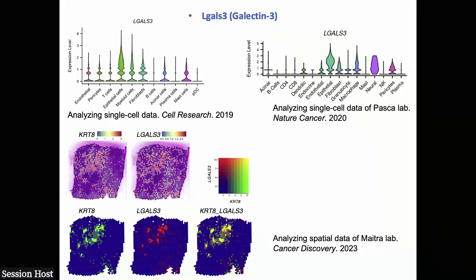And also from the spatial data from Dr. Annabelle Mitra's lab published in Cancer Discovery last year, we can see that the galectin-3 expression pattern generally overlaps with cancer markers such as cytokeratin 8, indicating the involvement of this protein with cancerous lesions.